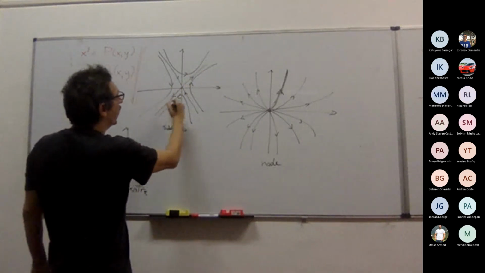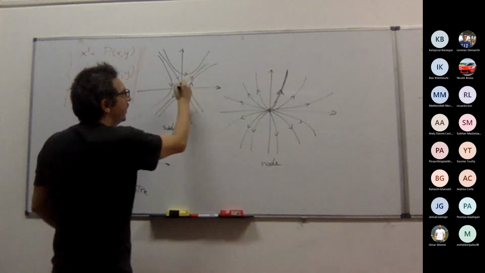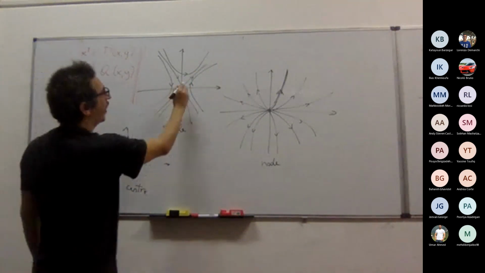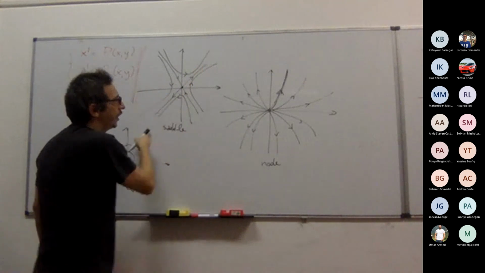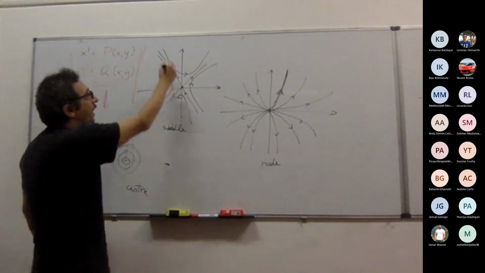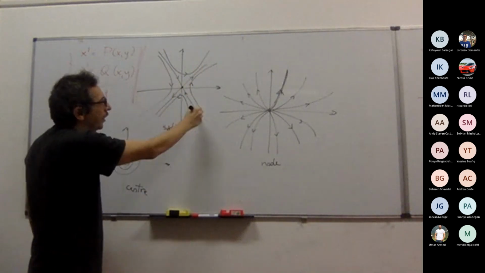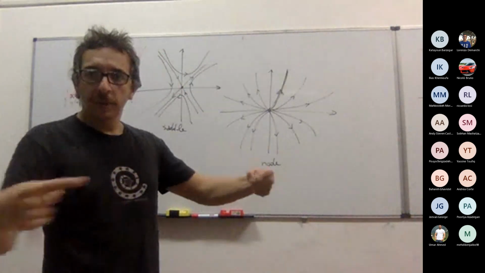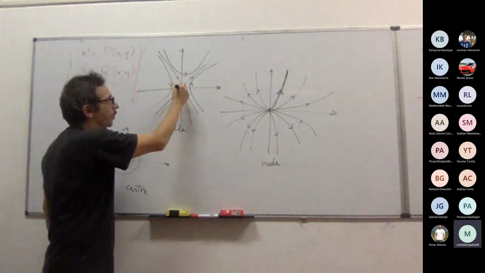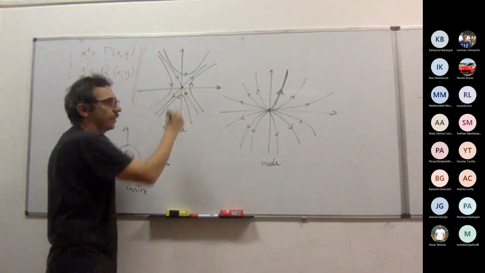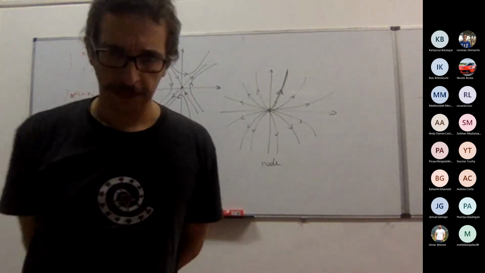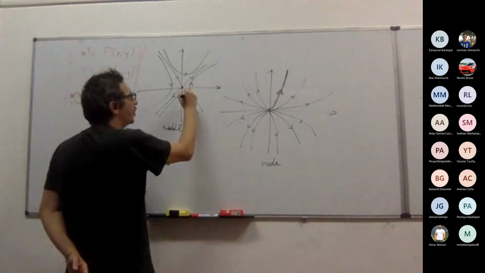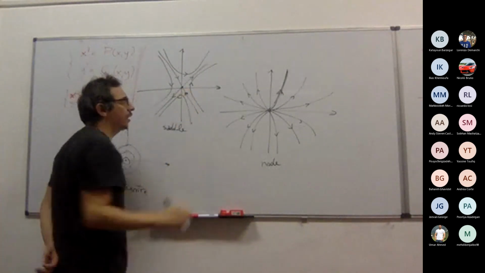In this case, I have one line with the arrows which are departing from the critical point. So one arrow is going up and the other arrow is going down. And then I have another line, which is this other one, with the arrows instead pointing toward the critical point.